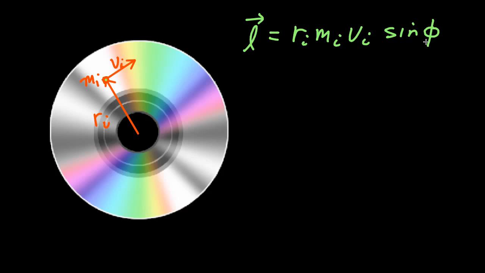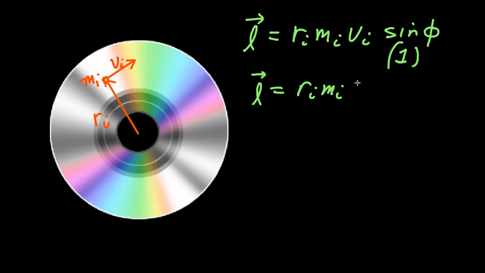All particles will have phi as 90 degrees here, so sine of 90 degrees is 1. So we will have L equals r sub i m sub i v sub i.